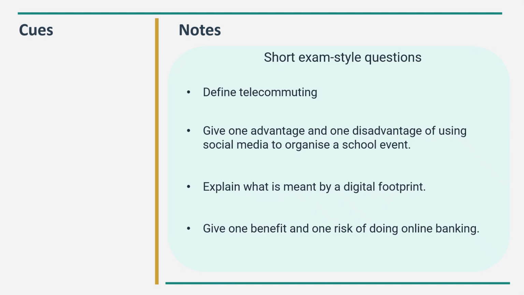A digital footprint is the electronic record of what you do online: your posts, searches, downloads, and even logins. Online banking saves time and transportation cost, but there is increased risk of phishing and identity theft if you click on fake links or share passwords.